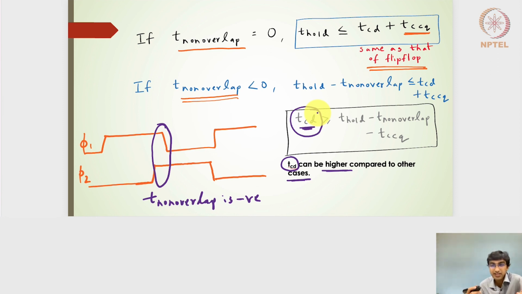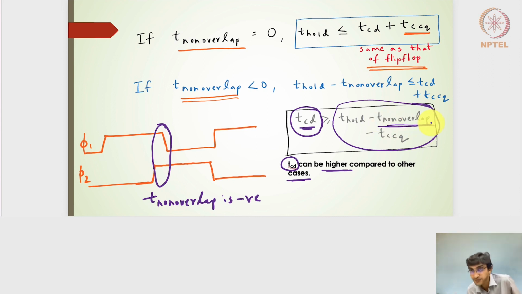Remember that the propagation delay is always more, and the contamination delay should be greater than this parameter, so we should have some difference between the constraints on propagation delay and contamination delay. But it is coming closer and closer if the T non-overlap is negative, so I don't have that much room now.